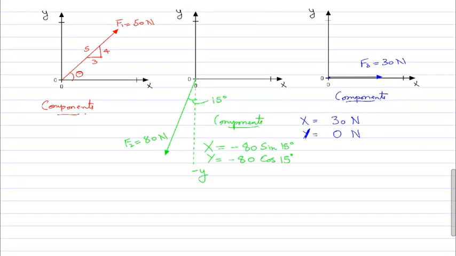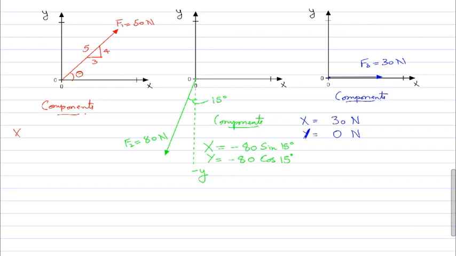Sometimes this 5 will not be there in the problem. What that means is you'd have to use the Pythagorean theorem to find the third side, that's the hypotenuse of this small triangle, to get 5 as the answer. So the way you do that would be to find the square root of the sum of squares of 3 and 4.